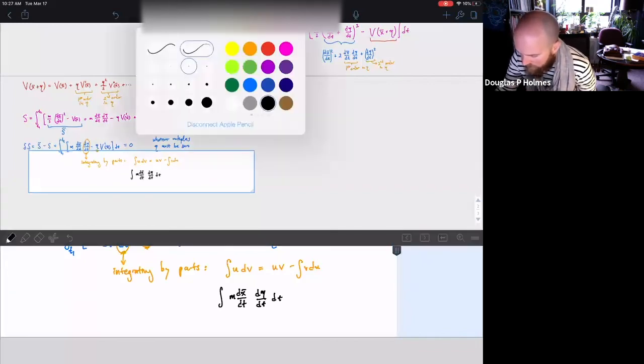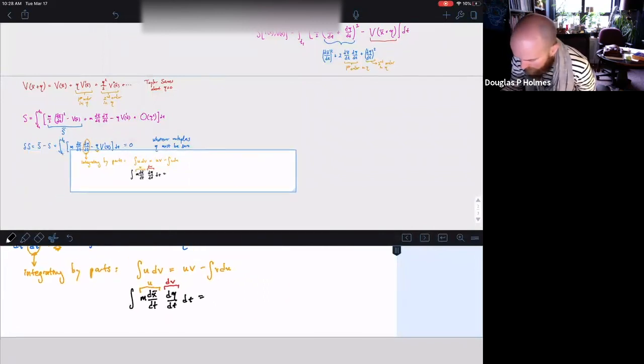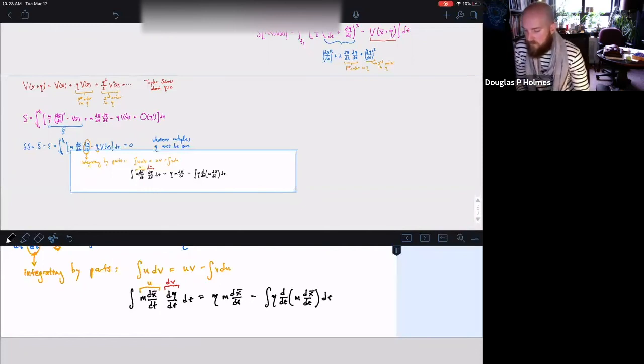So here's my u, and here's my dv, which should equal eta times m dx bar dt, minus the integral of eta d by dt of m dx bar dt. All right, almost done.